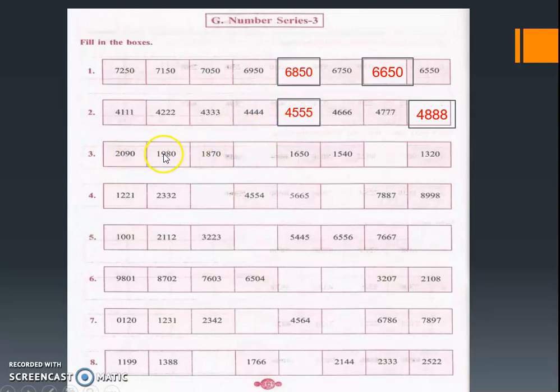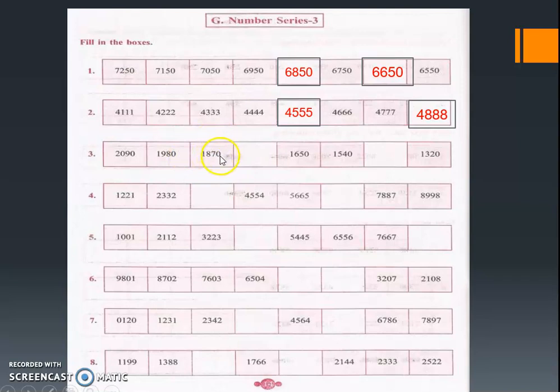So check out this one. 2090, 1980. That means, if I am subtracting these two numbers, then what is the result? 110, right? So I have to subtract 110 from each value. So if I subtract 110 from this, subtracting 100, 1770 will come.